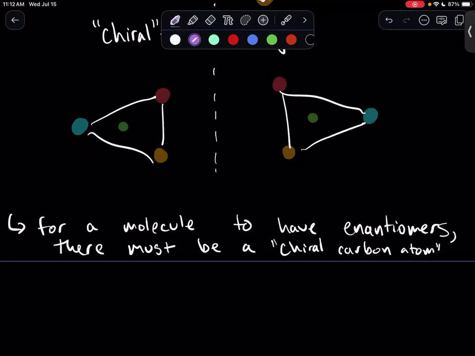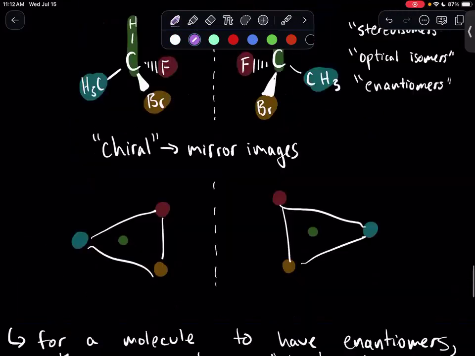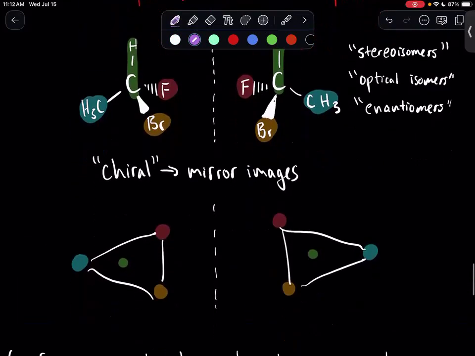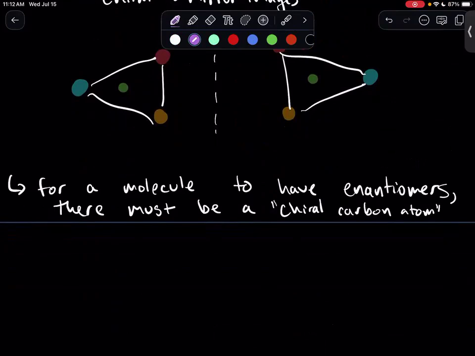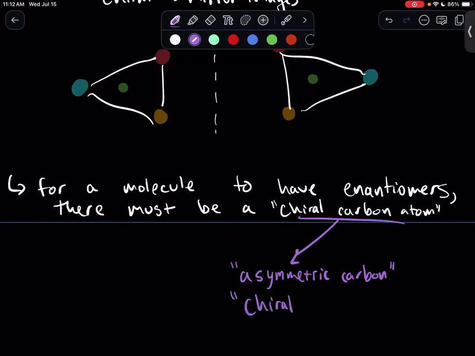And what's going to make it more confusing is, on top of the many terms that mean the same thing up here, stereoisomer, optical isomer, enantiomer, a chiral carbon atom, chiral meaning mirror images, has two other names that it might be referred to. This may be referred to as an asymmetric carbon, or most commonly, a chiral center or chiral carbon center.